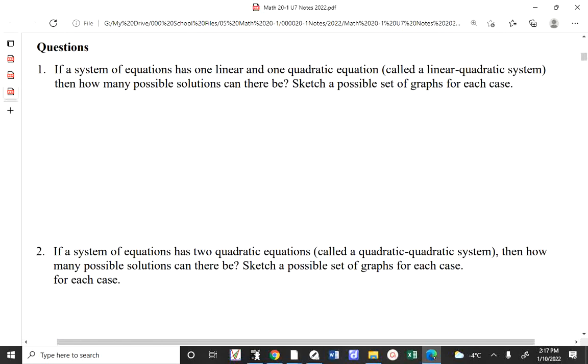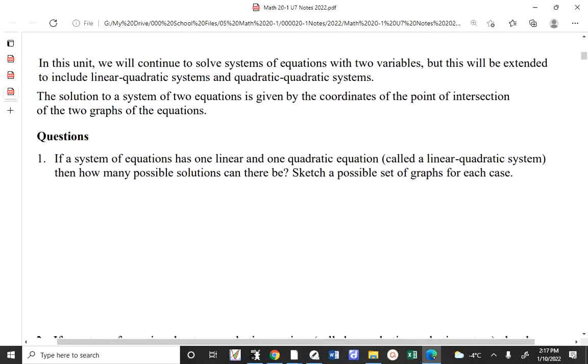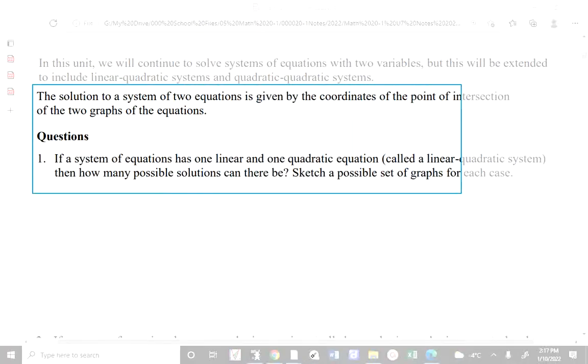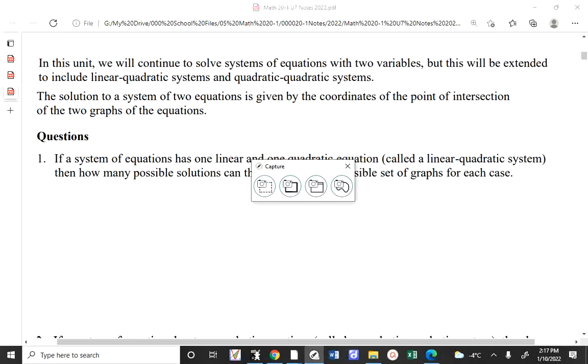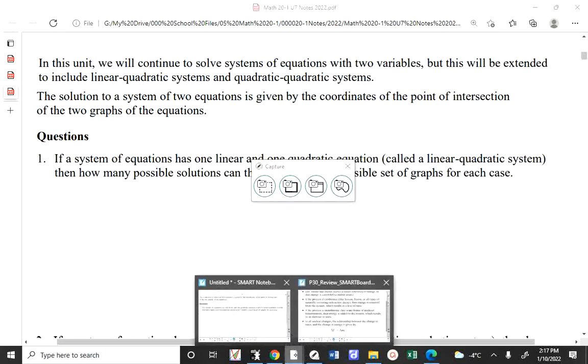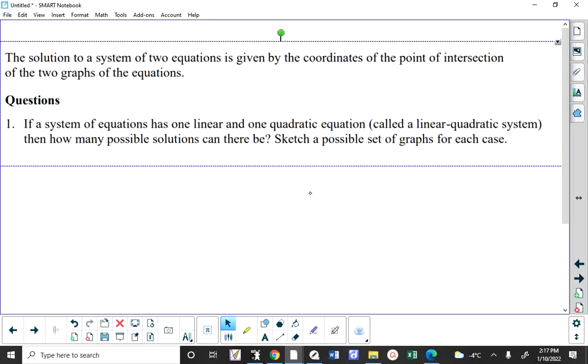So, some questions to warm us up. The solution to a system of two equations, as we've just seen, is given by the x and y values, or the coordinates, of the point of intersection. Here's the first question. If you had a system of equations and one of the equations was linear and one was quadratic, how many different solutions to that system might there be?